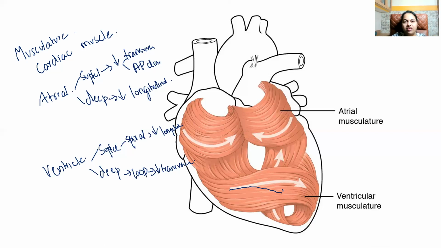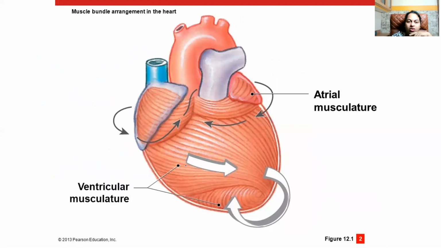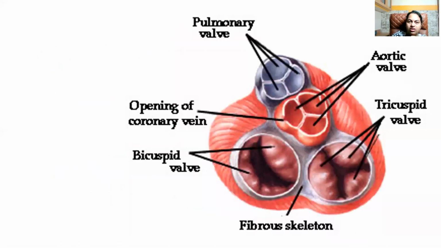The deep fibers arch along the roof, hence they tend to reduce the longitudinal diameter. In the ventricle, superficial fibers spiral around and decrease the longitudinal diameter. The deep fibers loop around each chamber and decrease the transverse diameter. Okay. Atrial musculature and ventricular musculature.